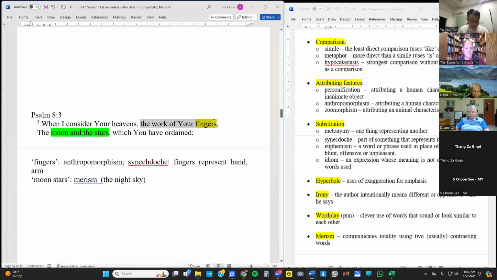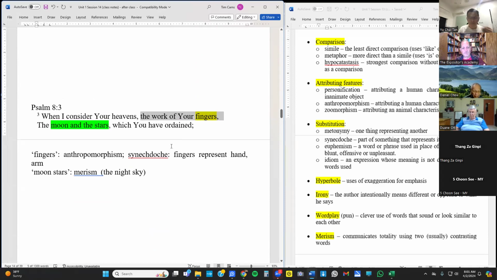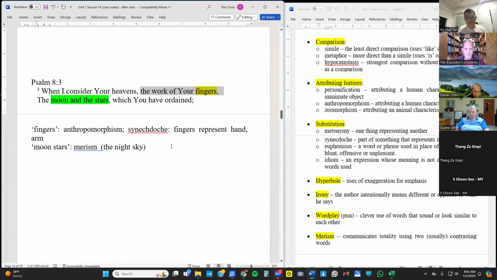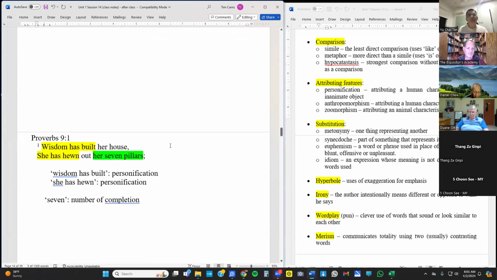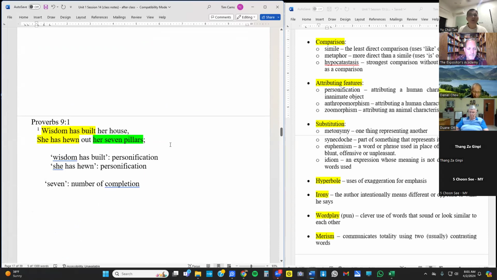If you are a good student of the Old Testament, you know that's an unusual expression. Normally it's the work of your hands. So having a good understanding of the rest of the Old Testament is going to be needed in order to help in the interpretation. Yes, the broader context. Now, I was having some difficulty on this Proverbs 9 verse 1, the seven pillars.